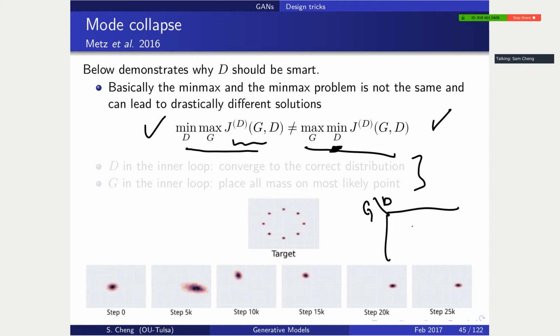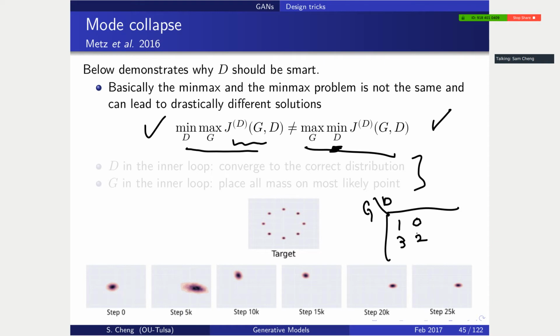I think of a minimax problem here. Let me just arbitrarily choose.